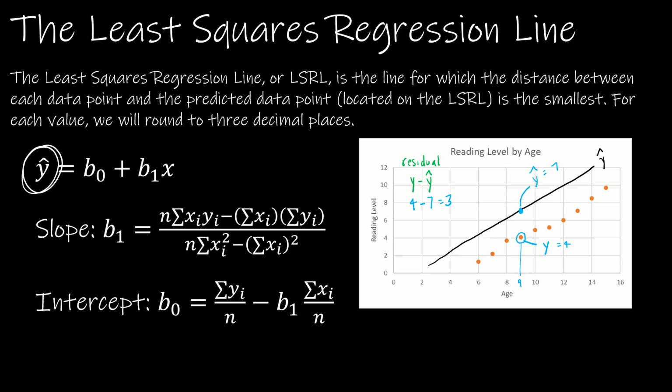What we're looking for in a least squares regression line is to minimize those residuals. So it's pretty clear that if I instead moved this line, say here, which doesn't hit all of the points because they're not in a completely straight line, it looks like now y hat might be something like 4.1.